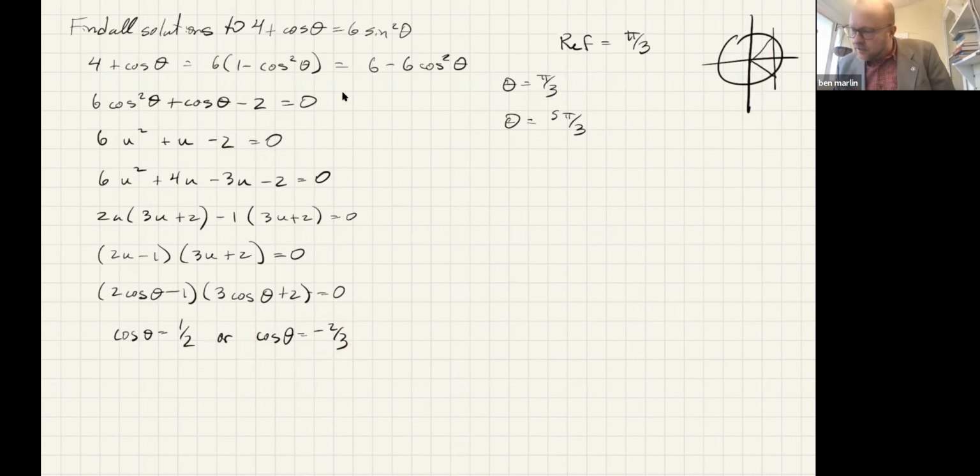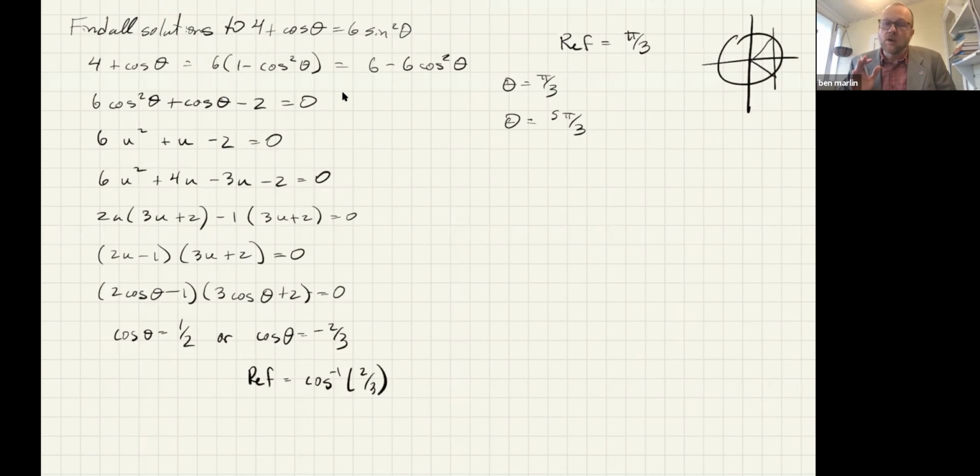Okay. So for the reference angle, we're going to take an inverse cosine of 2/3. Okay. So you are undoubtedly asking, why did I not take an inverse cosine of negative 2/3?